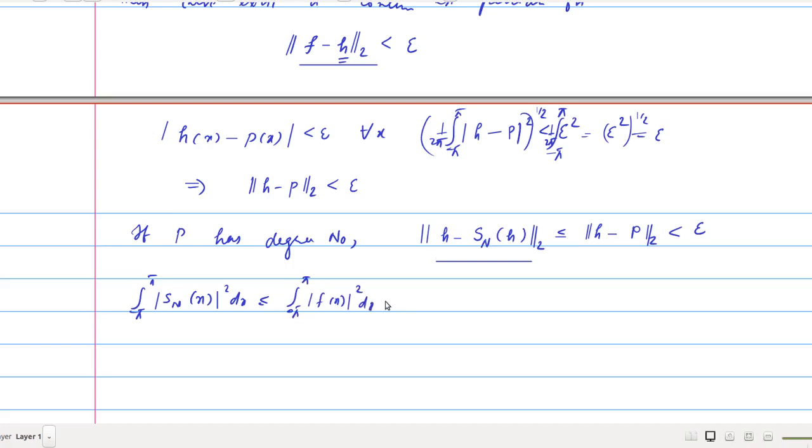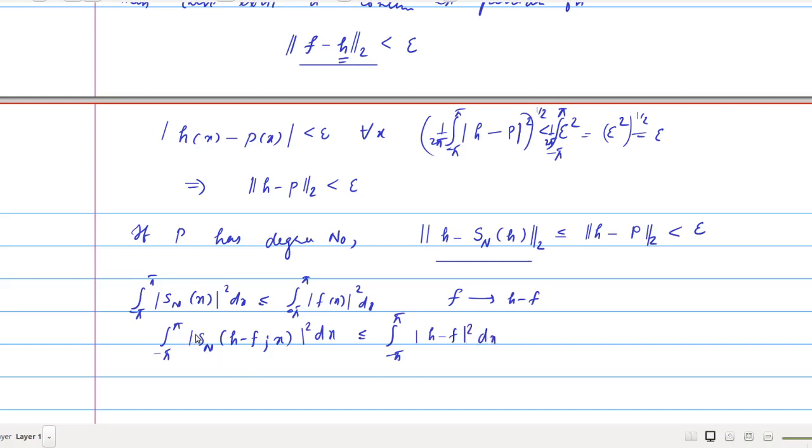We have proved this one, and if we replace f by h minus f in this, we get the integral from minus pi to pi of the modulus of Sn of h minus f, square dx, is less than or equal to the integral from minus pi to pi of mod h minus f square dx.